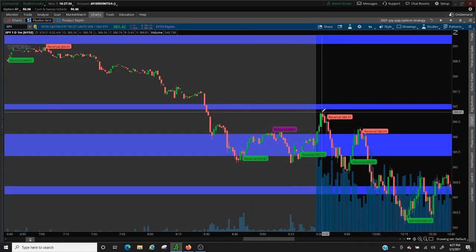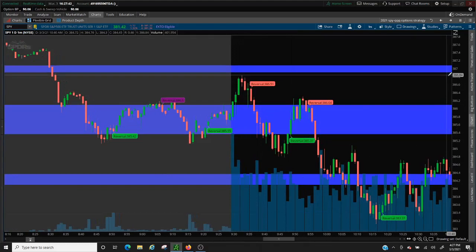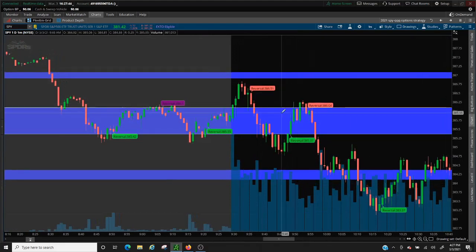So I did not trade this right here because it moved so fast, and I was with my nephew on the phone because I'm teaching him how to do this. But I did take this trade over here because once it found support here, we knew it was gonna bounce, at least somewhere over here. So I did take this trade and I held it for a couple minutes, and I did a couple more trades for only a couple minutes.